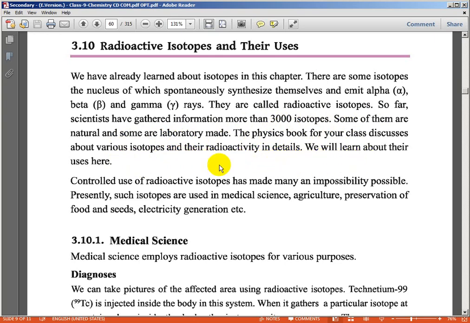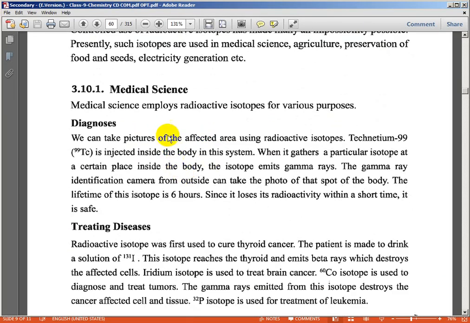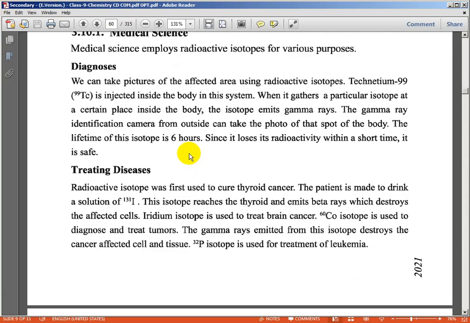We will learn about their uses here. Uses of isotopes in medical science: any disease we can diagnose using isotopes.